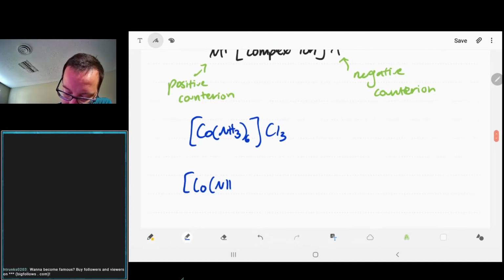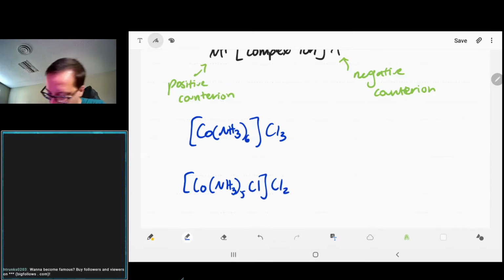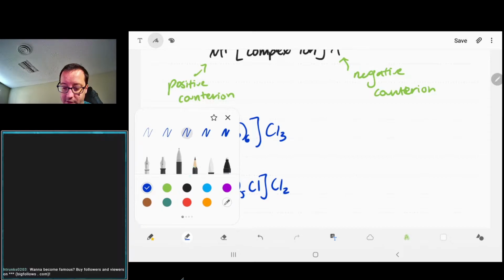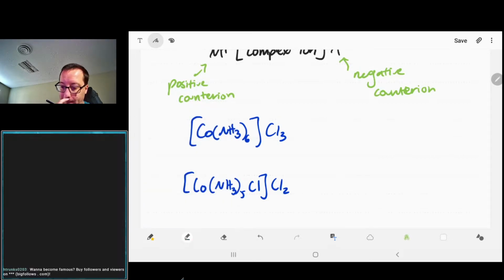Let's actually take a look at these. So these are two coordination compounds that we have. What we have here is a little bit of a difference between them. We have a cobalt and ammonia complex with 3 chloride ions acting as counter ions.